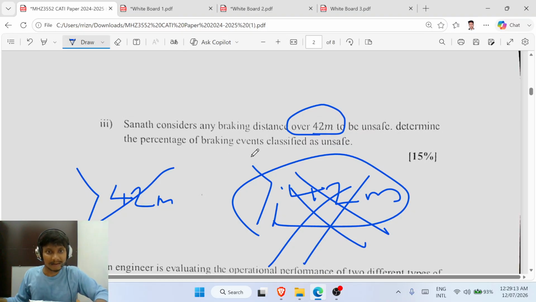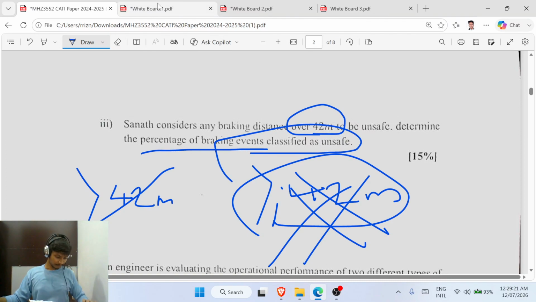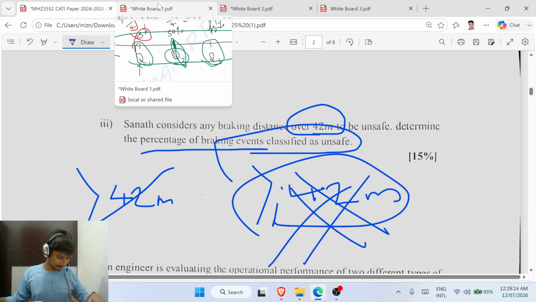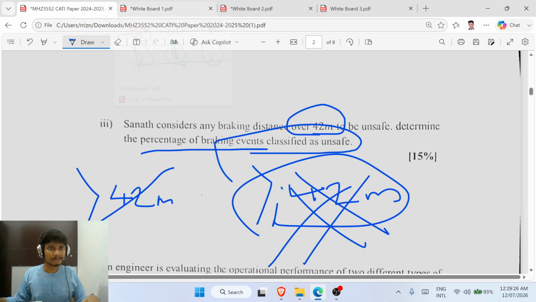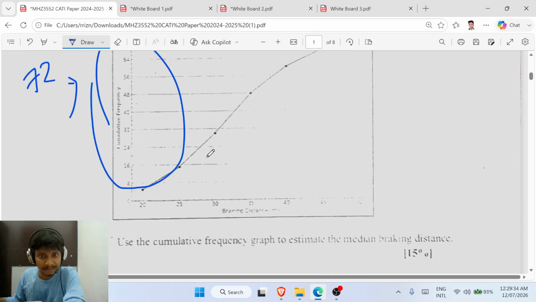Now they are asking us to determine the percentage of braking events classified as unsafe. How to find that? First we have to find the 42.